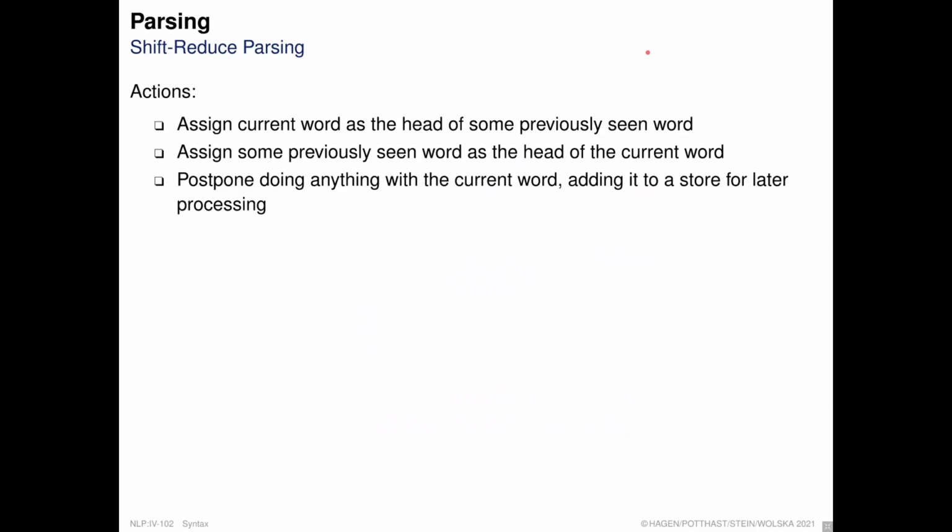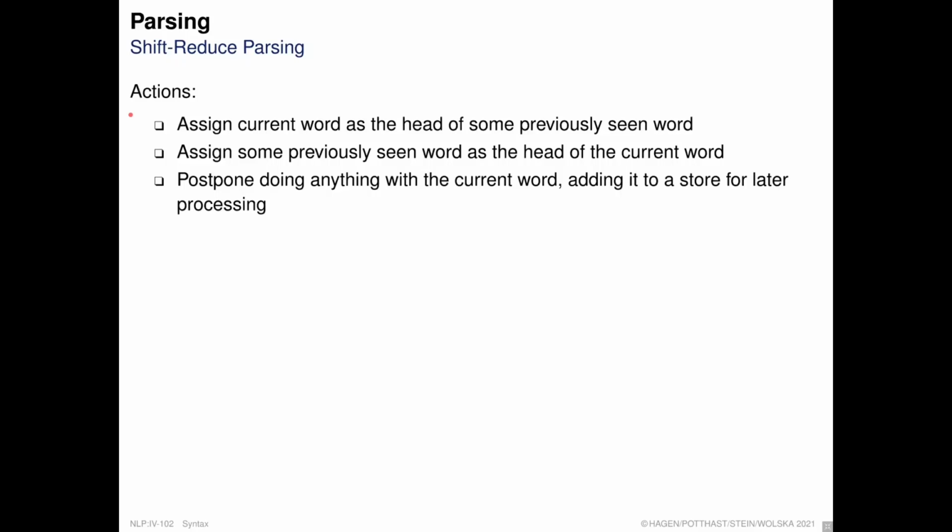Okay, so what are the actions that we'll be taking? We'll be assigning the current word as the head of some previously seen word. We are building dependency relations, so we'll be building these substructures of head dependence.